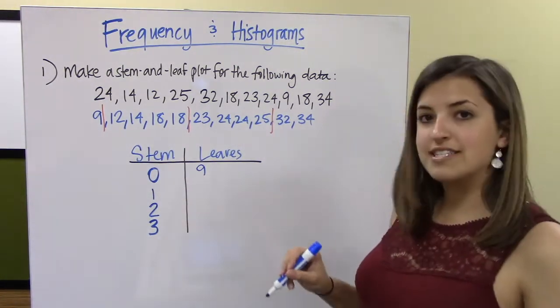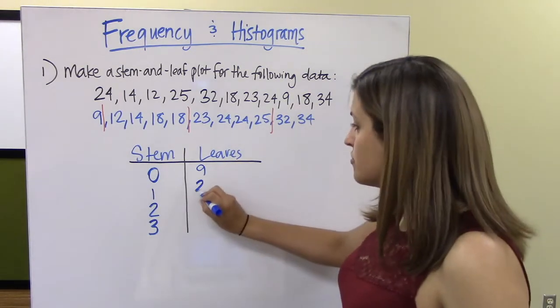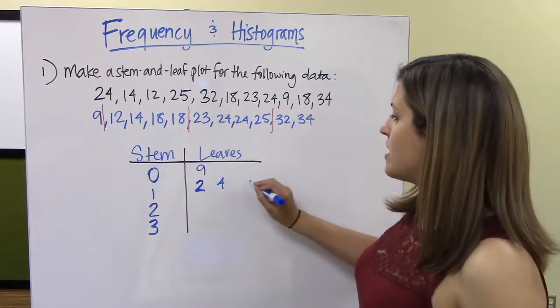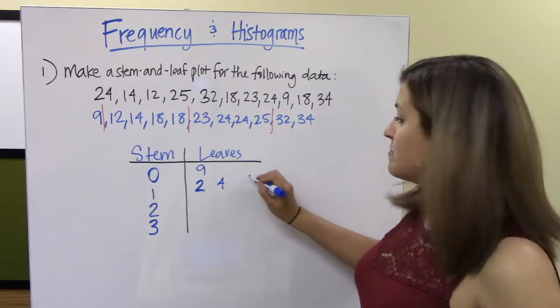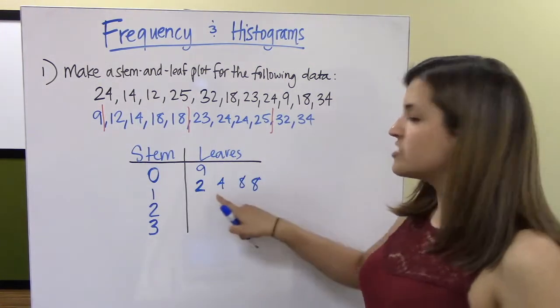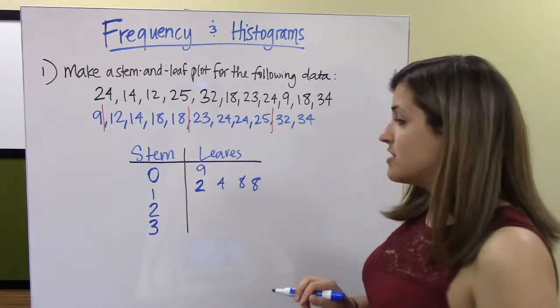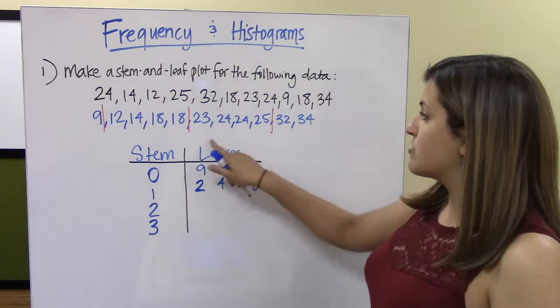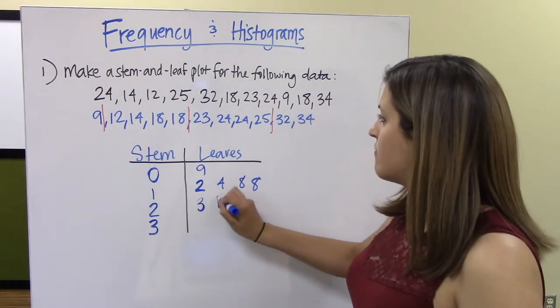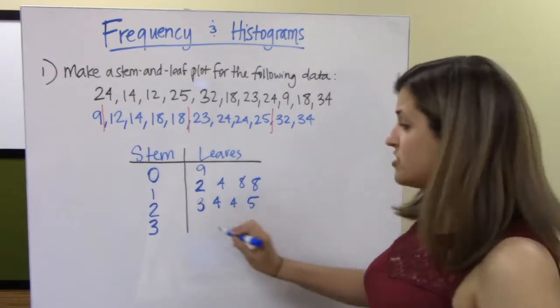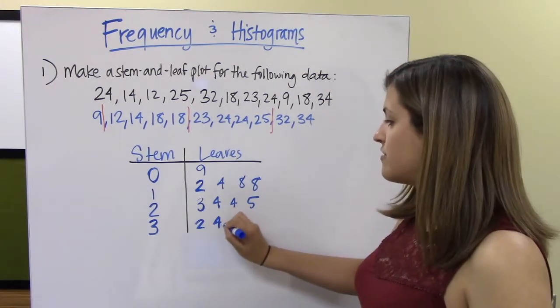And in my teens, I have 2, which comes from 12, 4, which comes from 14, and I have two 18s, so that's going to be 8 and 8. You can separate these by leaving a space between them. You can also put a comma, that's okay. For my 20s, I have 3, 4, 4, 5. And in my 30s, I have 32 and 34, so that's 2 and 4.